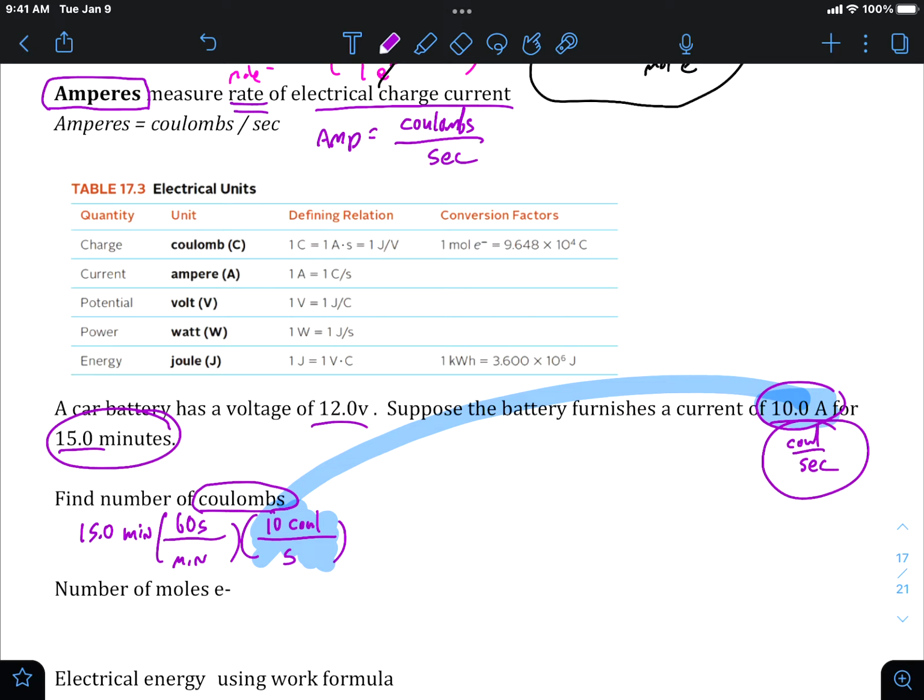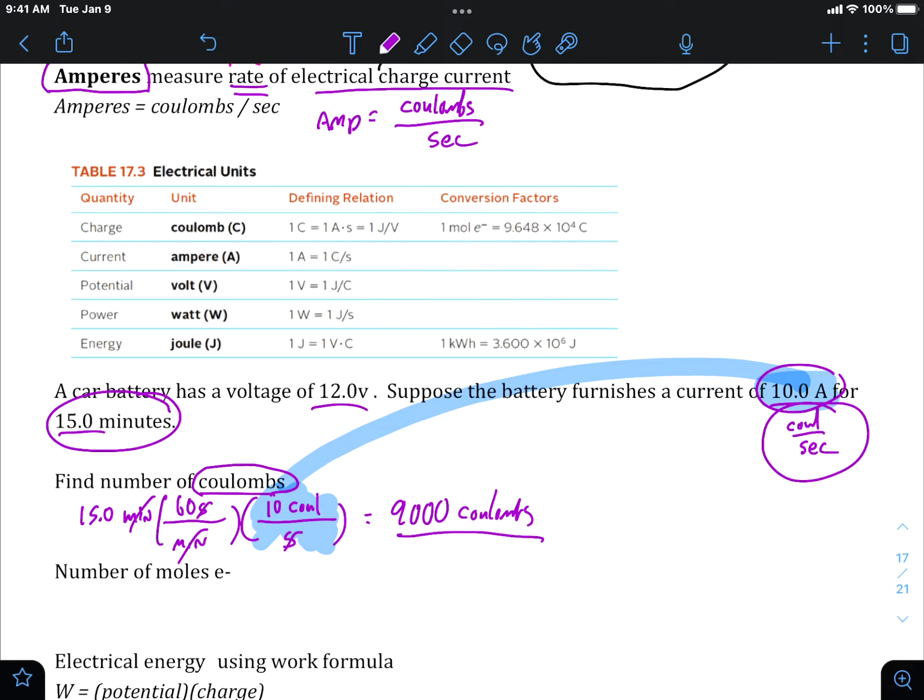An amp is a coulomb per second. Okay, so 9,000 coulombs. That's how much charge is provided.